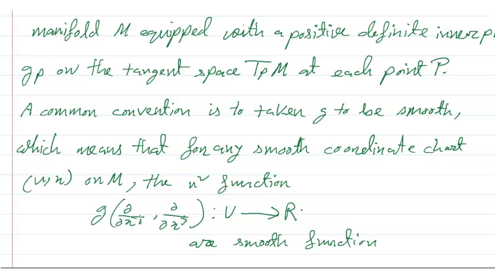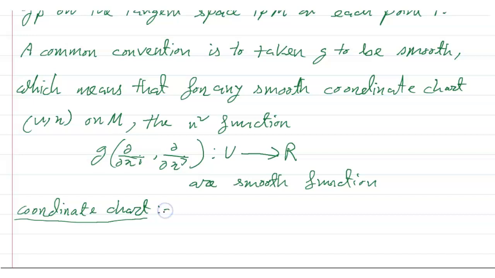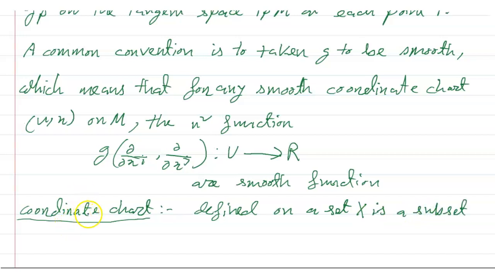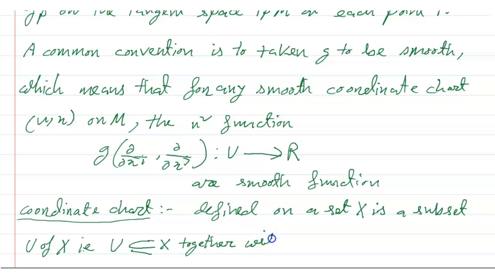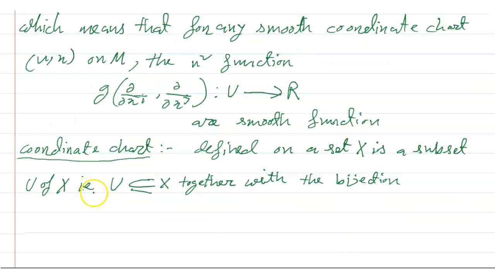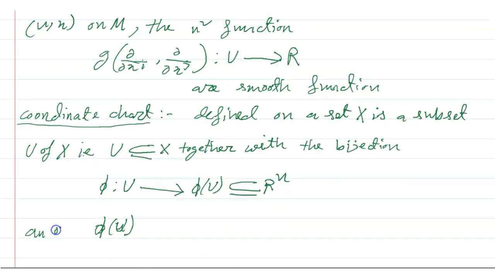Now friends, we need to know what a coordinate chart is. A coordinate chart on a set X is a subset U of X, that is, U a proper subset of X, together with a bijection phi such that U maps to phi(U), a subset of R^n, an open set phi(U) of R^n.